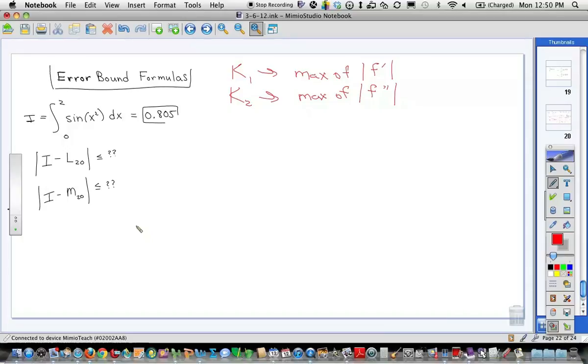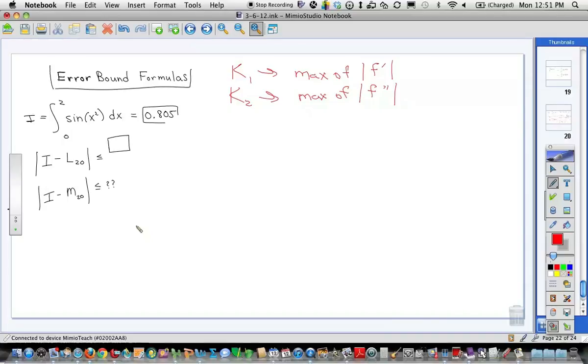What you would do is first write down your formula. You would say the integral minus L20 is less than or equal to, and according to the formula, I'm going to put an empty box right there for K1. When I look at your quiz, I want to see that written out, because you get a point for what's in that box, what you used for K1.